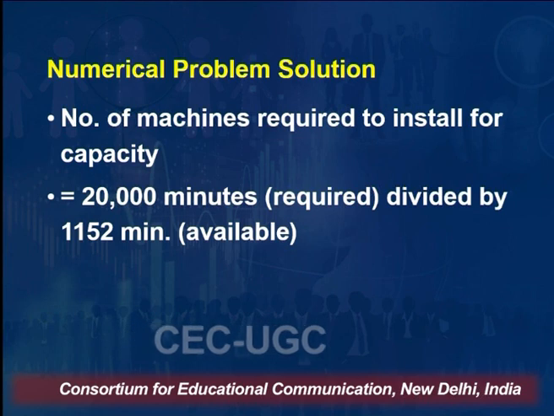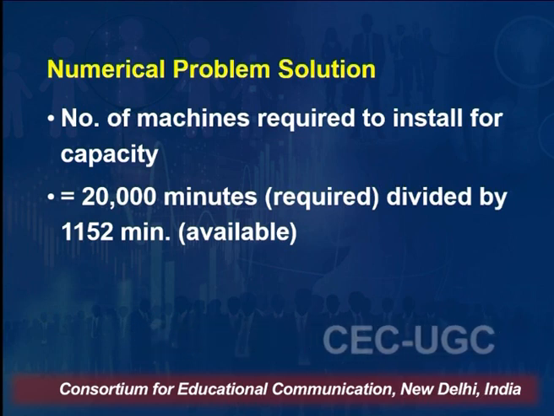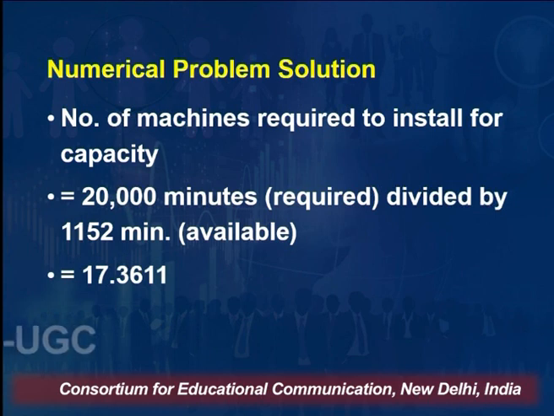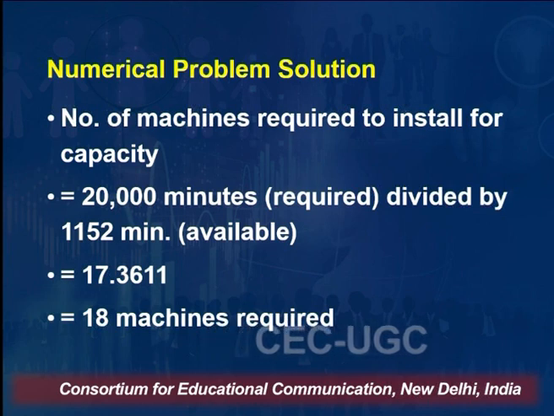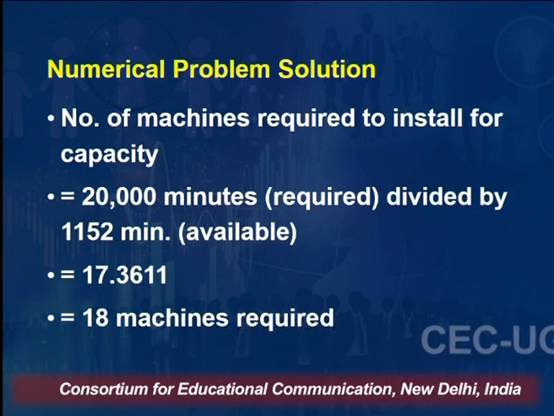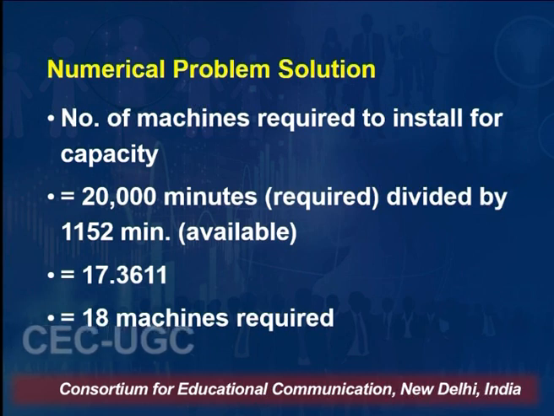So you divide 20,000 minutes by 1152 minutes and you get 17.3611. That means you need 18 machines for your plant, which will be able to meet the desired requirement.